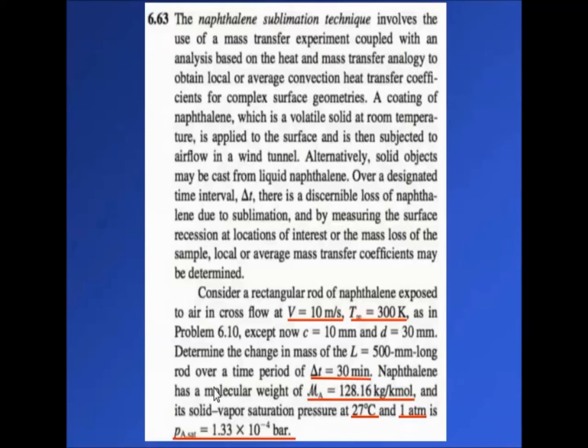Naphthalene has a molecular weight given to us as 128.16 kilograms per kilomole, and its solid vapor saturation pressure at 27 degrees Celsius and 1 atm is given as P sat of 1.33 times 10 to the negative 4 bar.